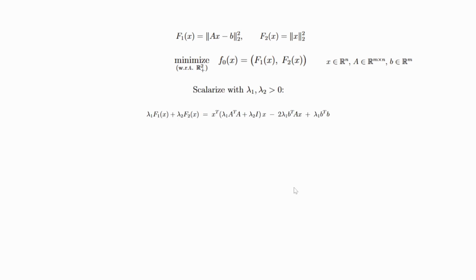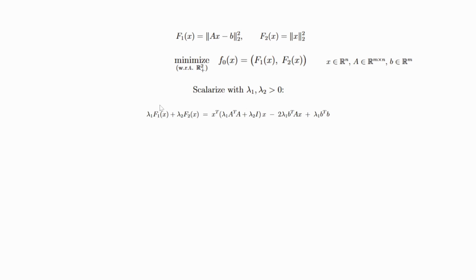Okay, so to find Pareto optimal points, we scalarize with some lambda 1 and lambda 2 greater than or equal to 0. And of course that looks like this. So this is a quadratic in x with positive definite Hessian, so we can solve it by setting the gradient to 0.